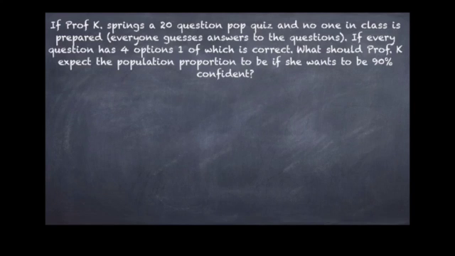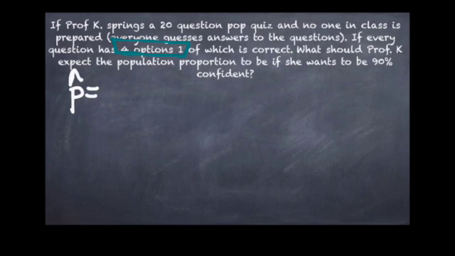Okay, so that makes our p hat, which is going to be our x over n, what that's going to end up being is 1 out of 4, right?